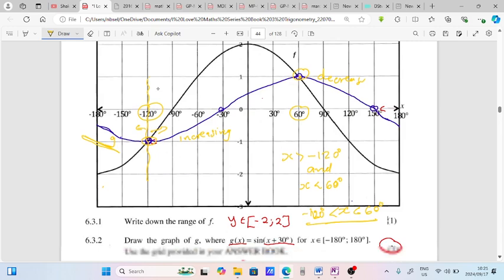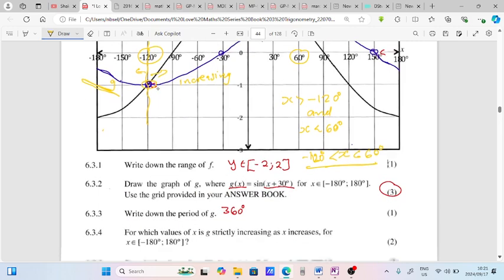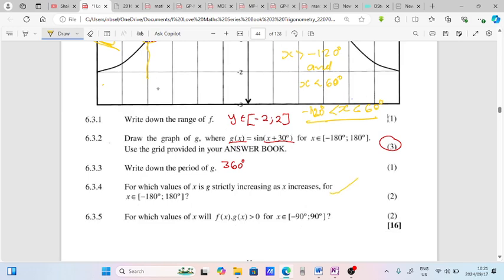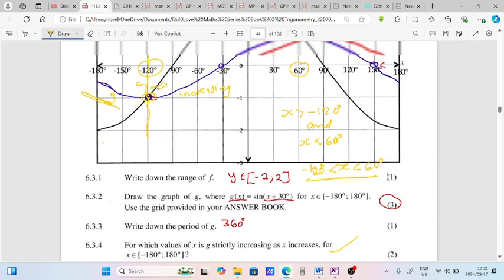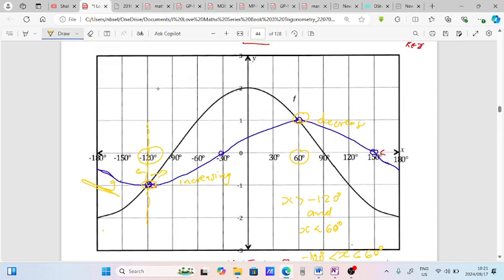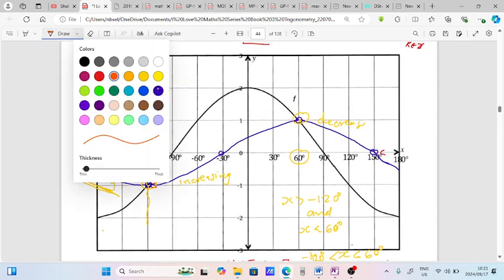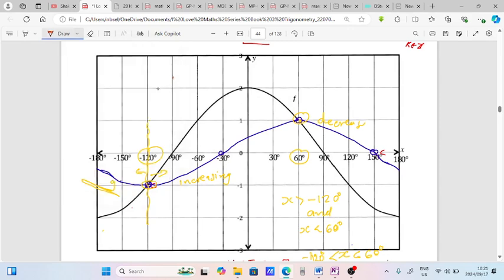Right, now let's see the next question. So this one is answered. For which values of x will f of x multiplied by g of x be greater than 0, for negative 90 to 90 degrees? So we work under this interval.